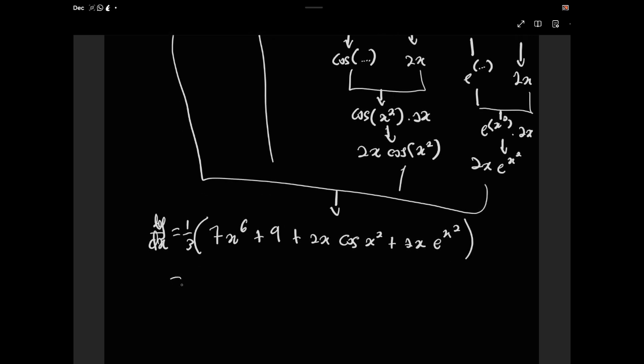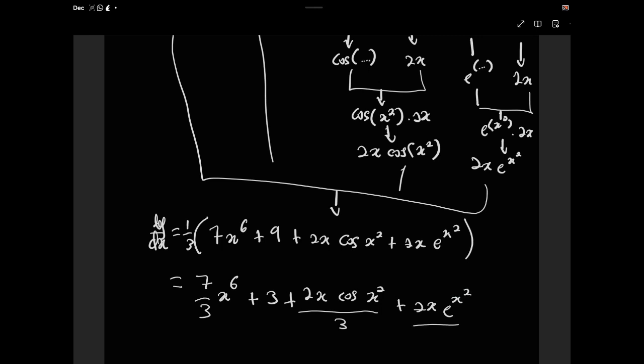So the final derivative should be 7/3 x to the power of 6 plus 9/3 is 3, and then plus 2x cos x squared over 3 plus 2x exponent x squared over 3. So this is actually the final form of its derivative.